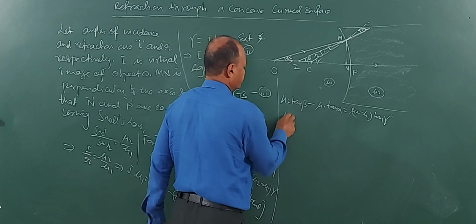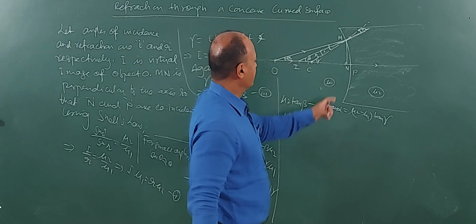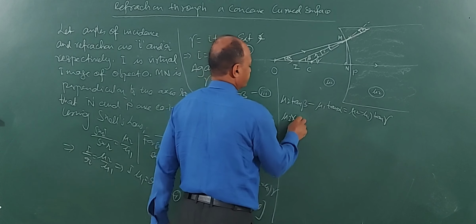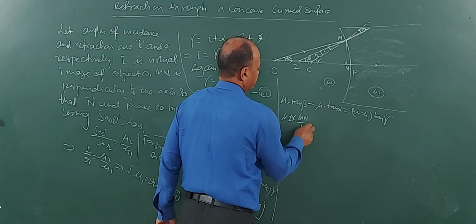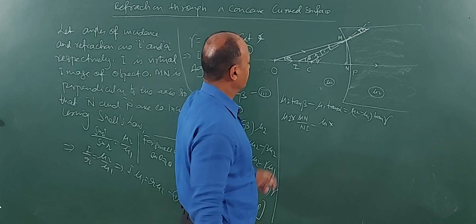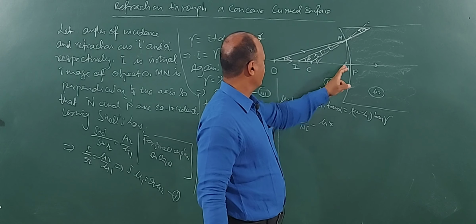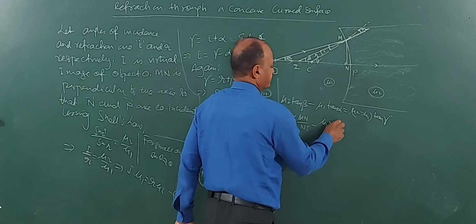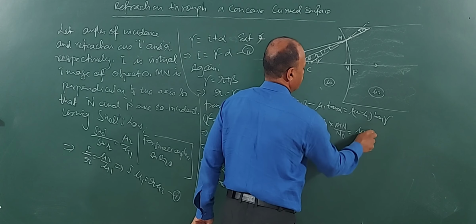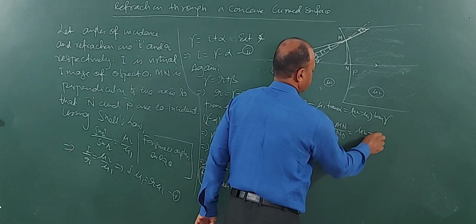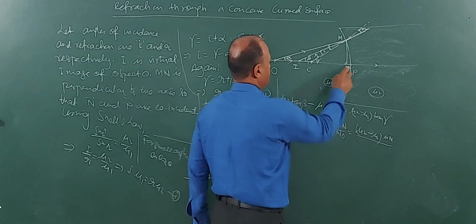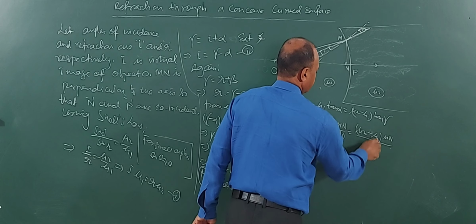And now we will put the values of these tangents. Mu 2 into tan beta. Tan beta is going to be MN divided by NI, minus mu 1 into tan alpha. Tan alpha will equal MN divided by NO, is equal to mu 2 minus mu 1 tan gamma, which is equal to MN divided by NC.